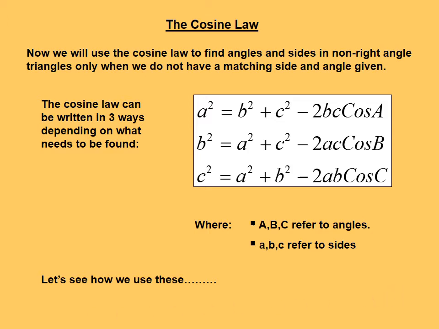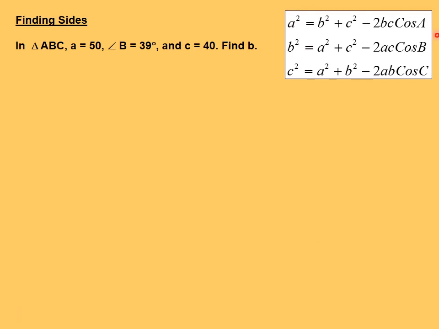Okay, let's see how this works. It's better to see something with numbers. So here I've got my formulas in my box, just to recall them. And our question says they want us to start with this information, and we have to draw it. So we know how to do that.